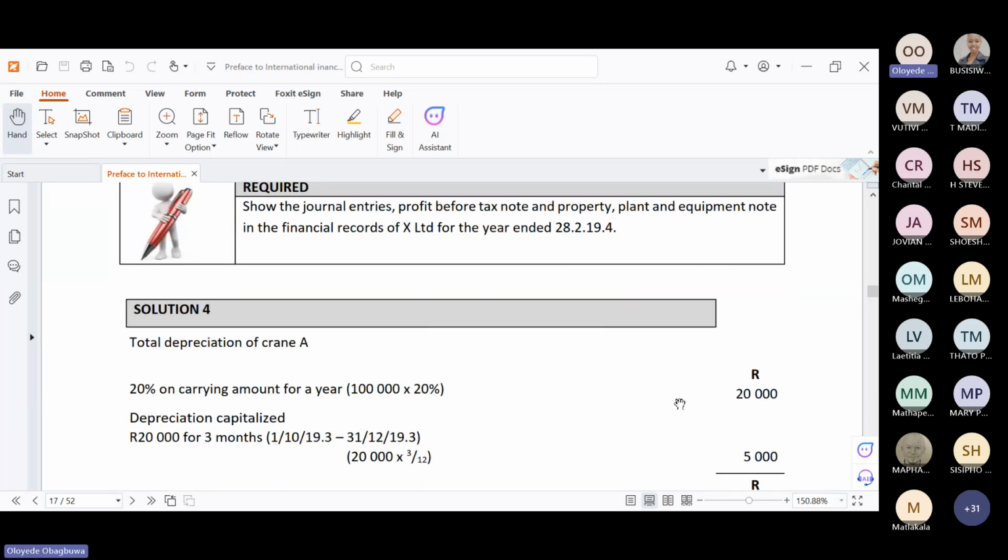Now, at a particular time of the year, the crane was withdrawn from that site to go and work on another new plant. So that 20,000, you have to remove the value.